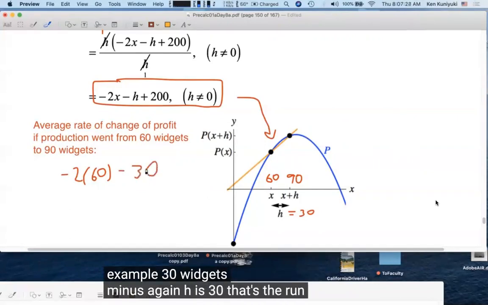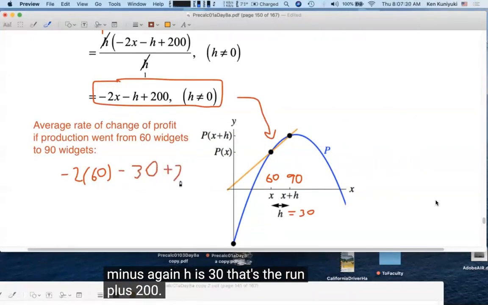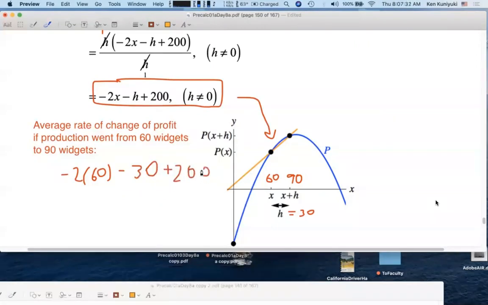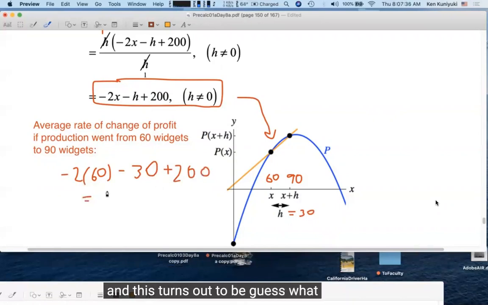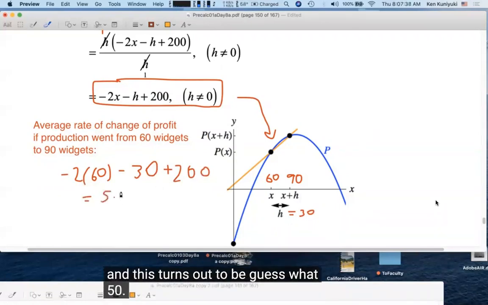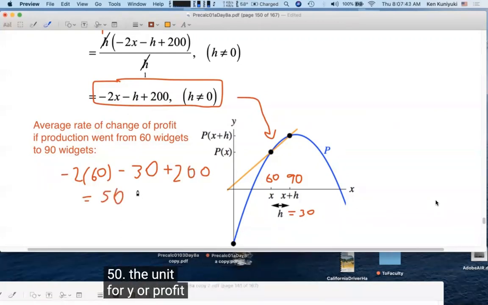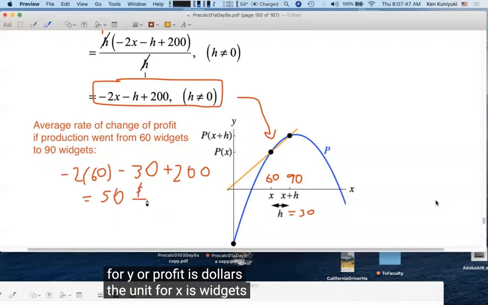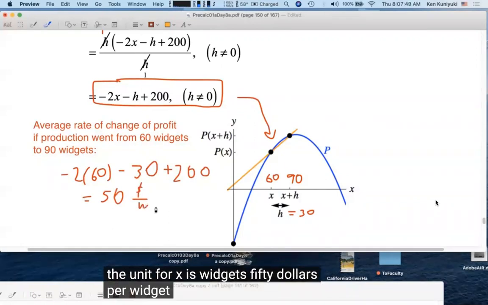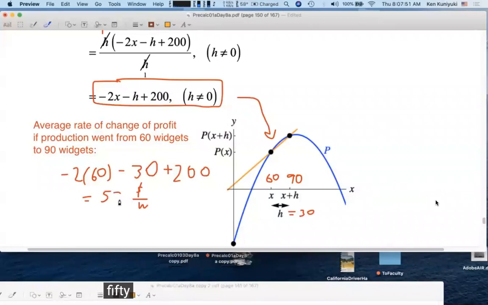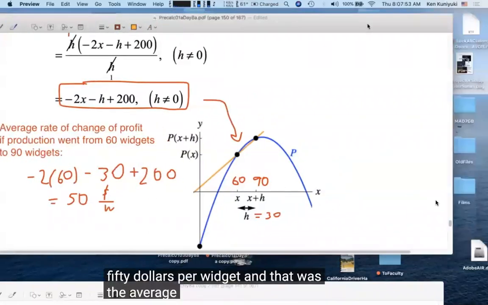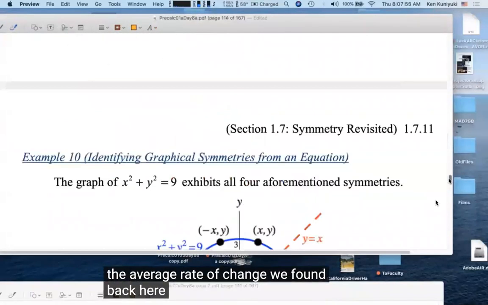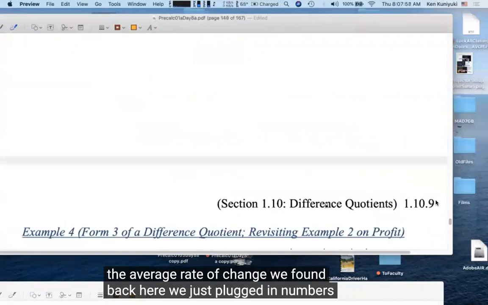That's the run, plus 200. And this turns out to be, guess what? 50. The unit for y, or profit, is dollars. The unit for x is widgets, $50 per widget. $50 per widget. And that was the average rate of change we found back here when we just plugged in numbers.